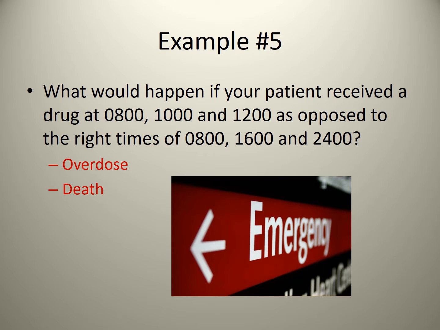A multi-dose drug given only 2 hours in between, the patient could overdose and die. Drugs have half-lives and different absorption rates. If a patient receives their medication too close together, it could have compounded effects. Pharmacies and nurses usually indicate the right times to administer the different medications on the MAR sheets.